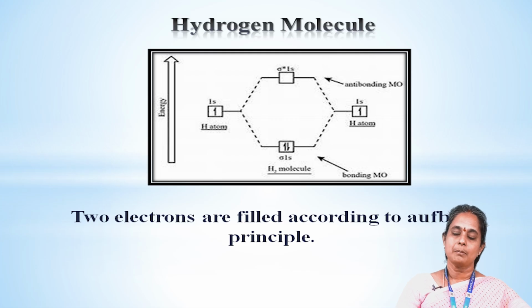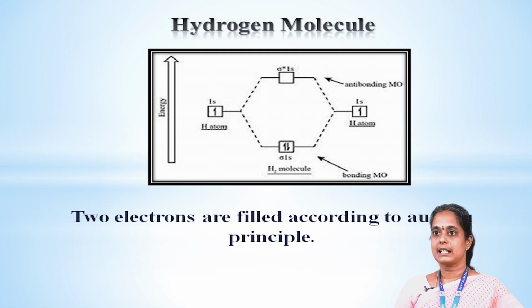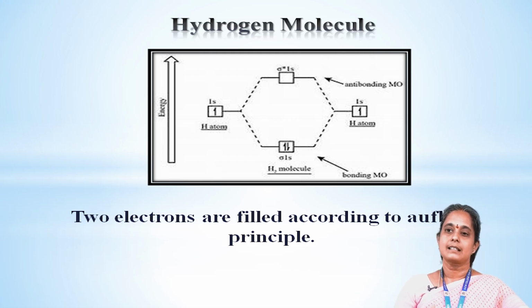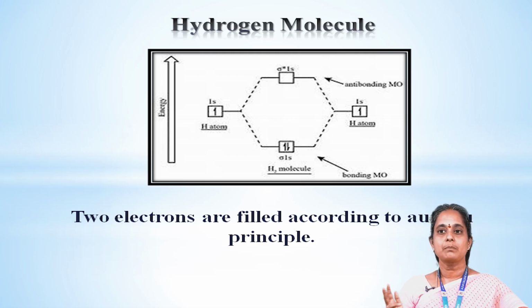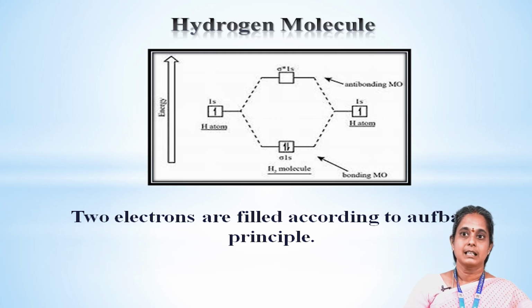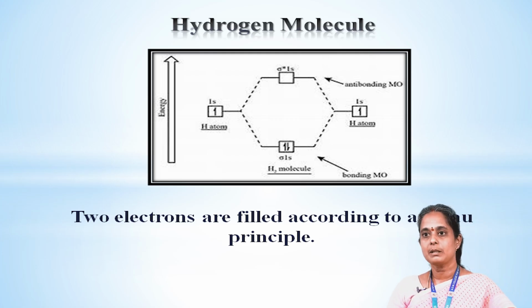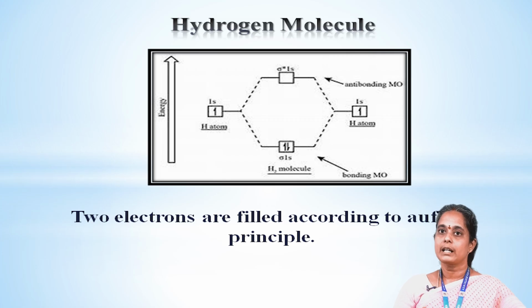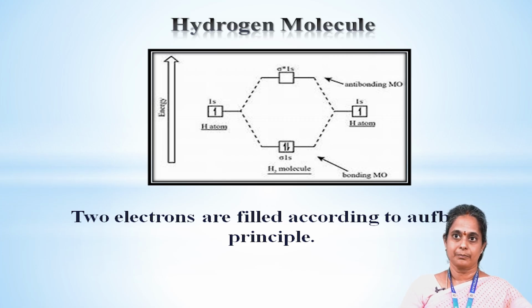The molecular orbitals which lower the energy bring out the stability in the system and are responsible for bonding between the atoms. This type of molecular orbitals are called bonding molecular orbitals.